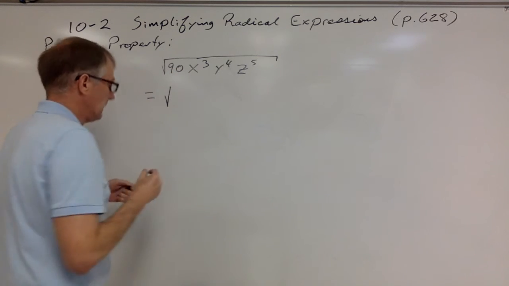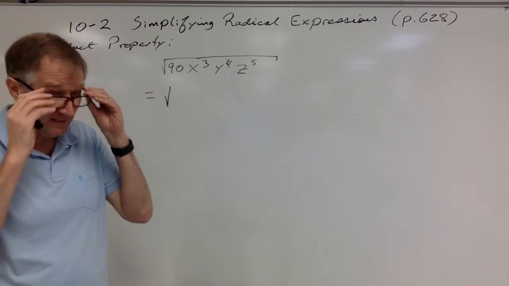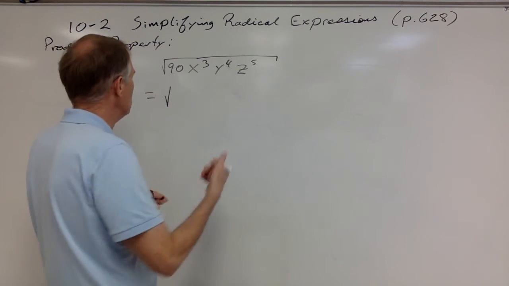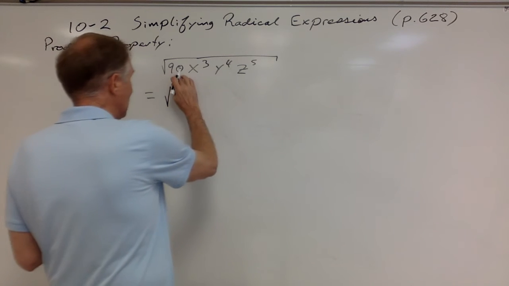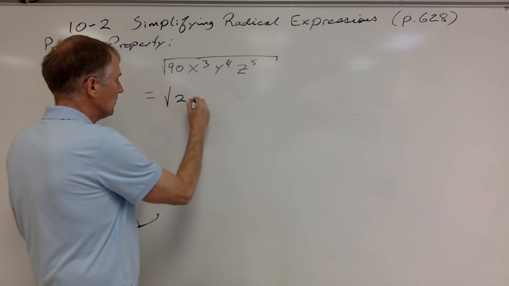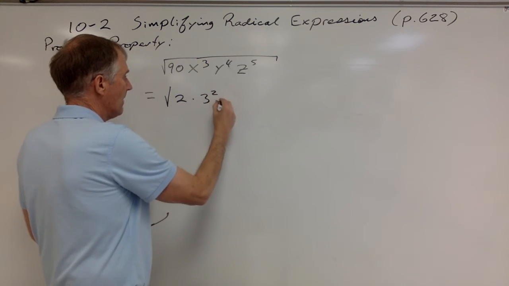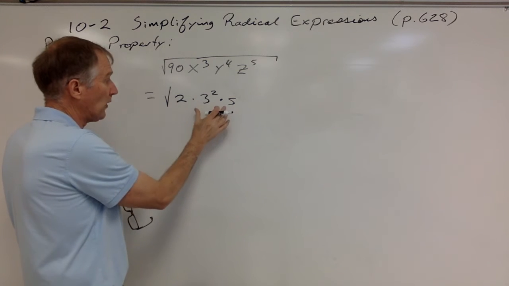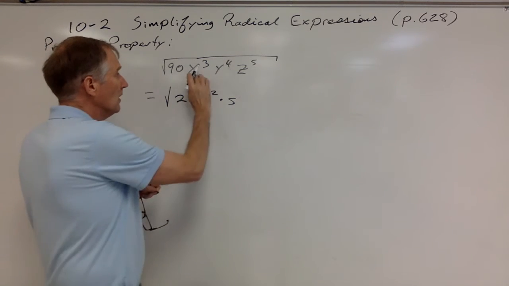90 is, well, that's 9 times 10, and so 9 is 3 squared times 10. 10 is 2 times 5. So 90 is 3 squared times 2 times 5. That's prime factorization.